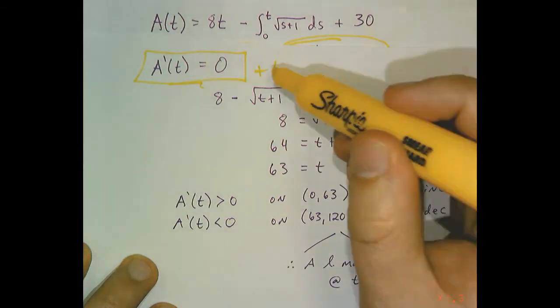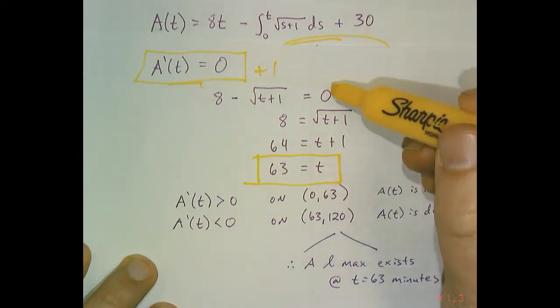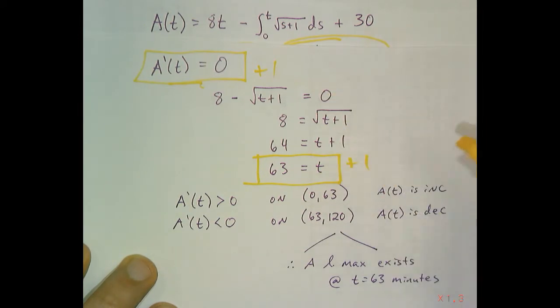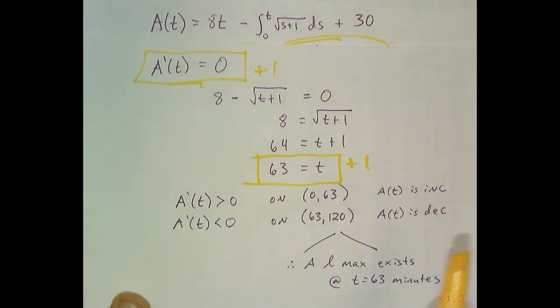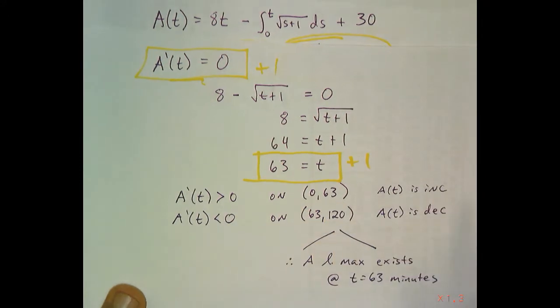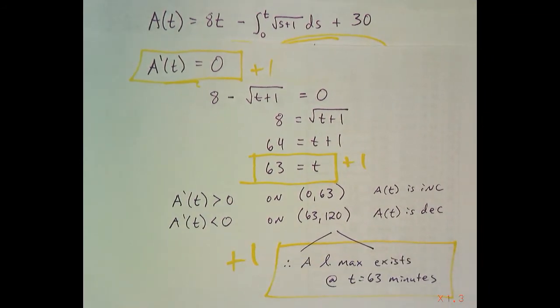Likewise, if you had the wrong A of t, but you successfully did the algebra of actually solving that, I believe they would give you the point. I know I would in my room at least. And then finally, the justification comes from what I'm stating here, where we're increasing until 63 and then decreasing afterwards. Therefore, a local max exists. So that's the first derivative test for local extrema that we employed there.